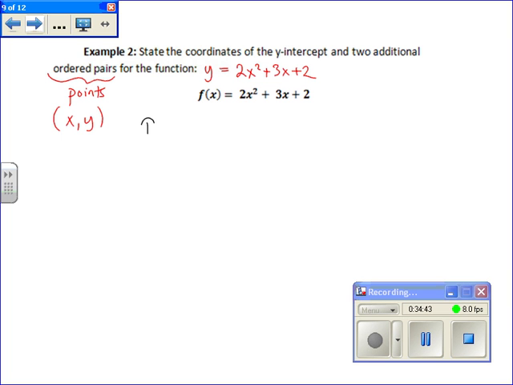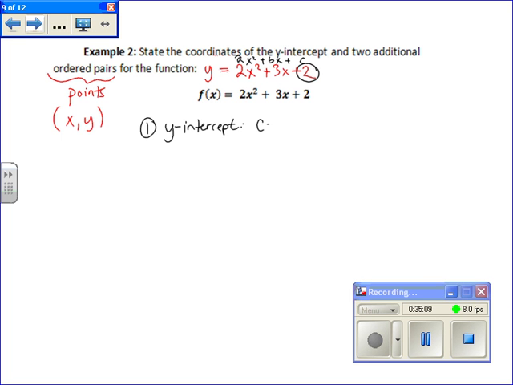So first off, let's find the y-intercept. Now, you don't even have to plug anything into this equation. The y-intercept is always your c value. So when you look at an equation in standard form, it's ax squared plus bx plus c. So there is your y-intercept right there. It's at positive 2.